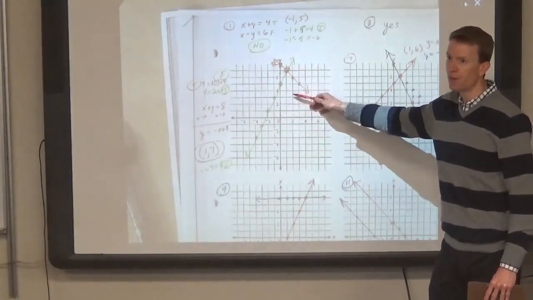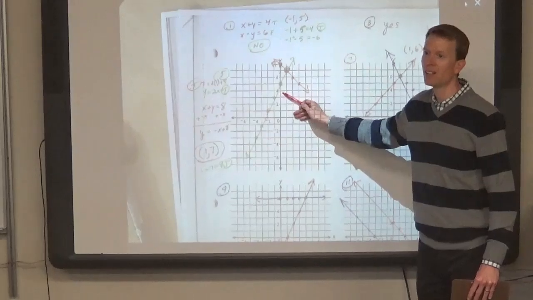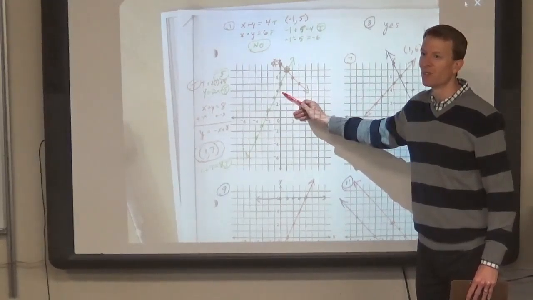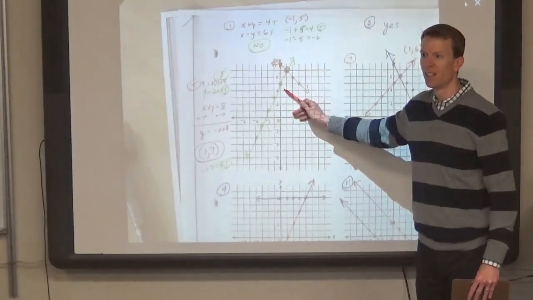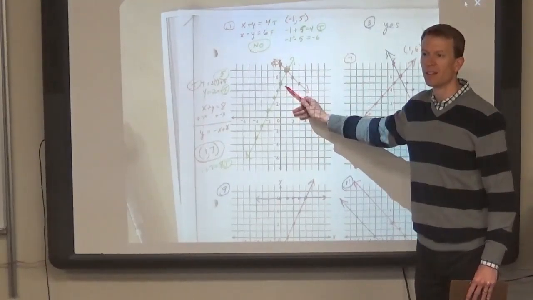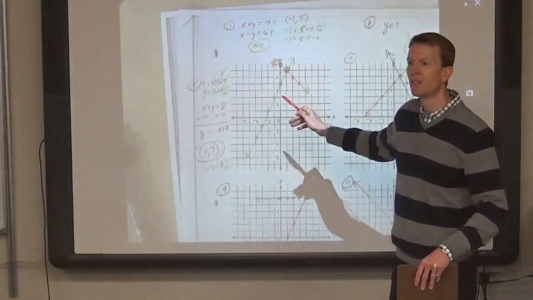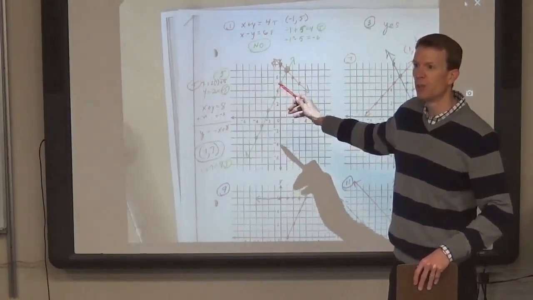Do you know where the 5 came from? Johnny? It's from the equation. You said the y-intercept is 5. Right? Okay. And the slope is what? What's the other number? 2.